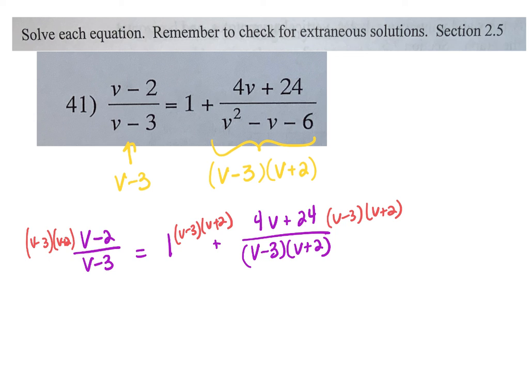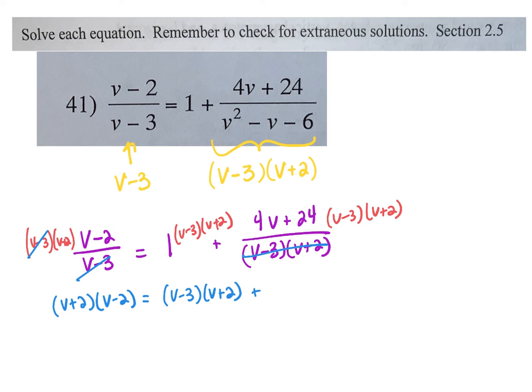Then I'm going to cancel what I can cancel. This first one, I can cancel the v minus 3. So I have v plus 2, v minus 2. Cannot cancel anything here. So I just have v minus 3, v plus 2.